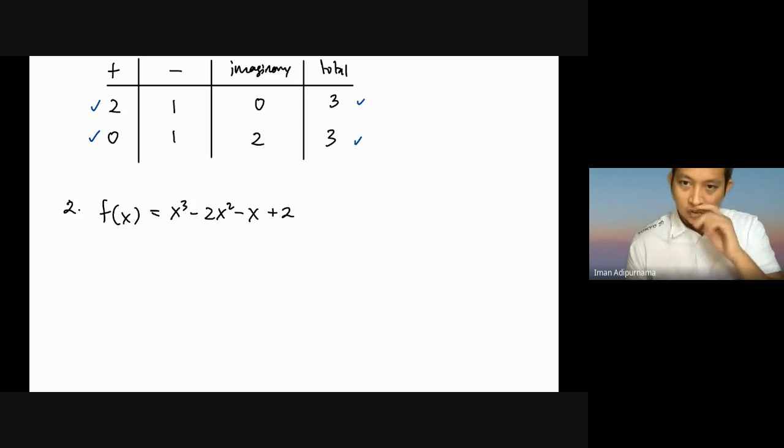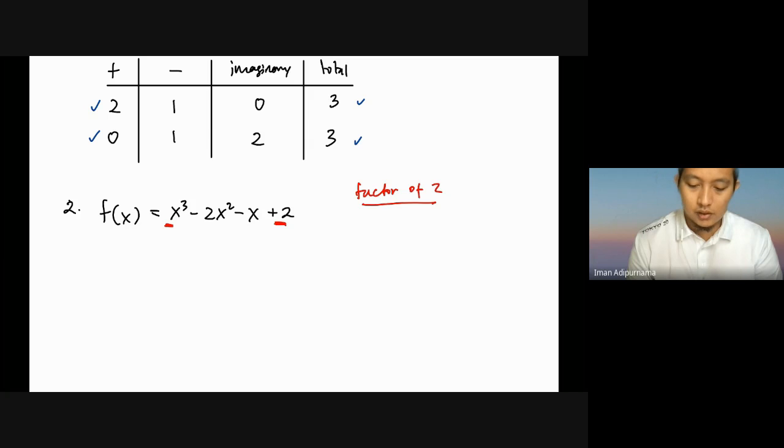To find the real zeros, I believe you can just trial and error if you want. But to narrow your number, we can check the factors. This is 2, this is 1. So factor of 2 divided by factor of 1.